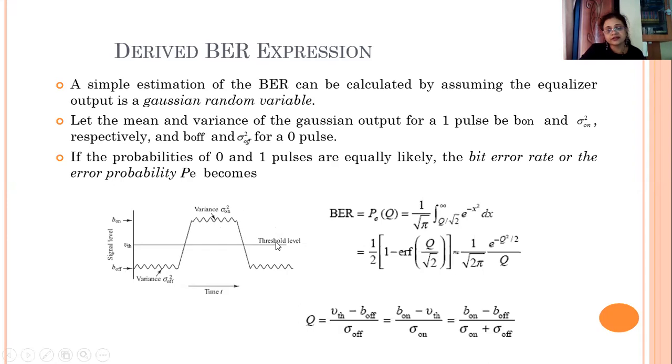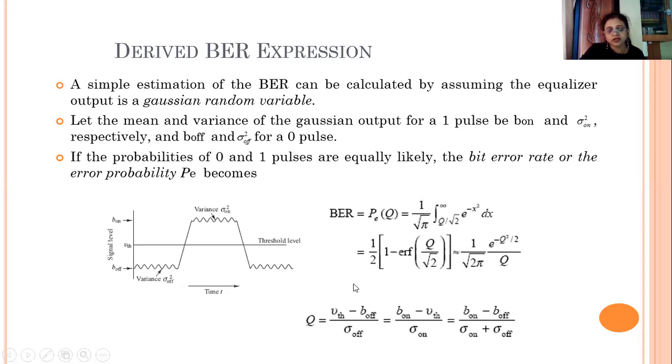So it is very critical deciding the threshold level. It should be such that there should be a smaller number of errors in detecting bit 1 and bit 0. Also, depending on how much is my mean value, add the variance into it, that will affect my quality of detecting the signal.